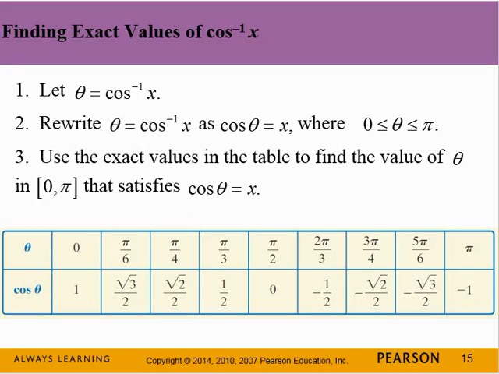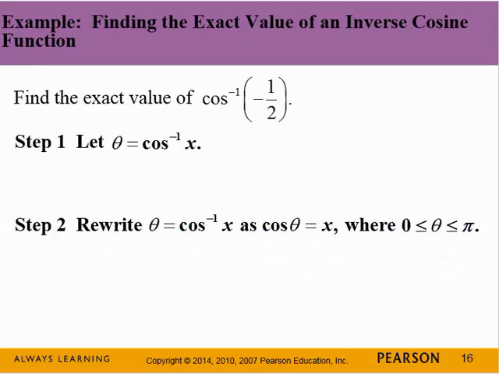To find the exact values, it's the same thing as with sine, only with cosine. You rewrite theta equals inverse cosine of x as cosine theta equals x, and then find the exact values. So let's do an example. We have theta equals inverse cosine of negative 1/2.